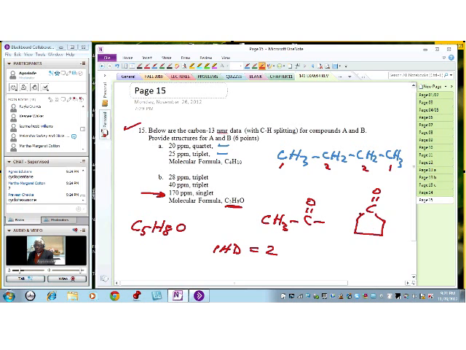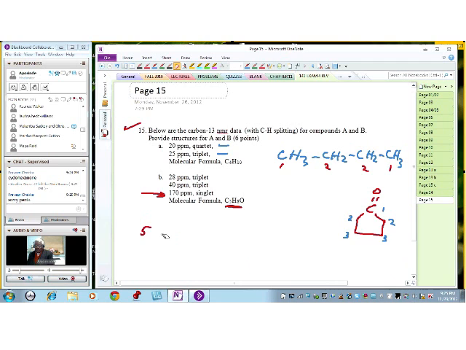Okay, 1, 2, this is one type of carbon. This one is another type of carbon. And this is the 3rd type of carbon. Okay? You look at what we have here. Once again, it's a case of putting the pieces together.